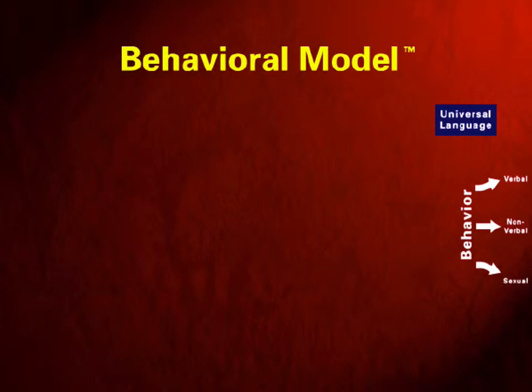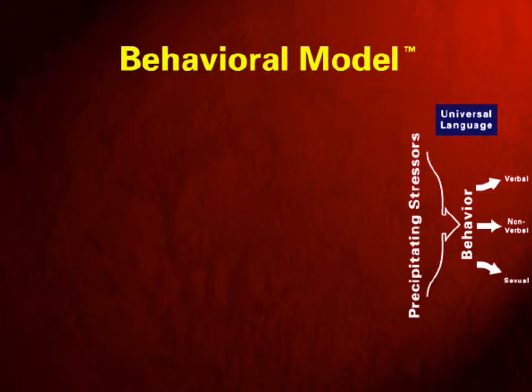In this study, we're going to look at crime in almost a backward way, or going backwards. So from the point in which the crime is committed and the behavior is shown either verbally, non-verbally, or sexually, this is a result of the precipitating stressors that lead to finally committing that crime.